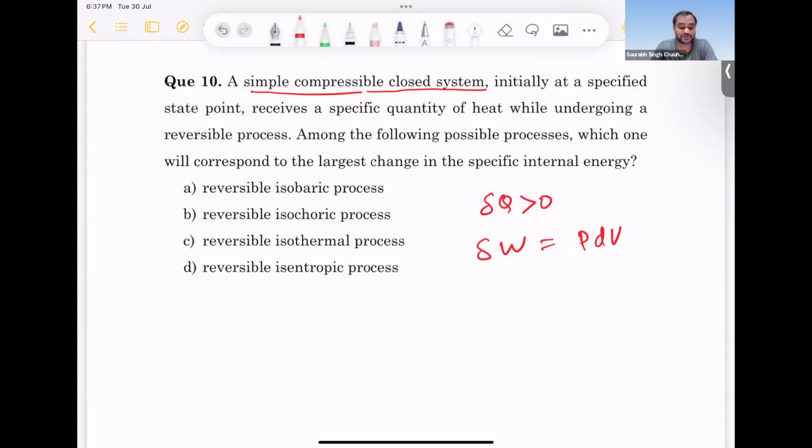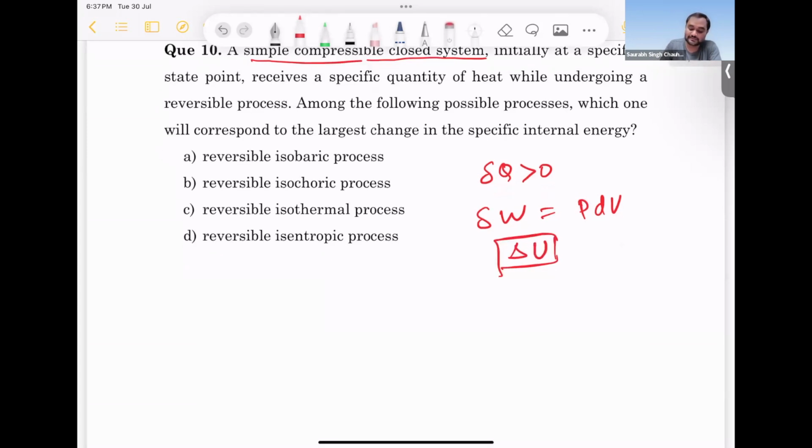Now we have to tell which process will correspond to the largest change in the internal energy. Internal energy change is delta U. So the first one is reversible isobaric process. Isobaric means P is equal to constant.